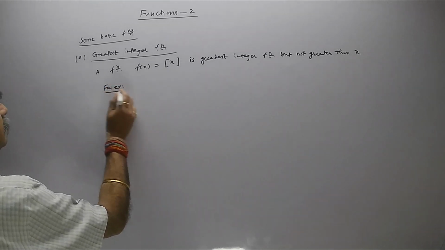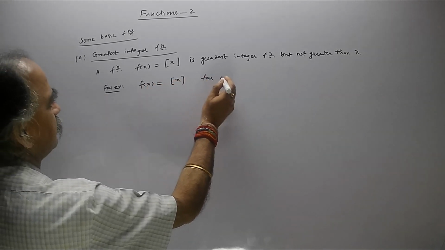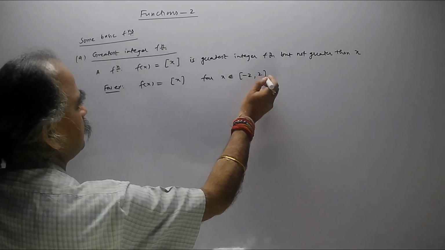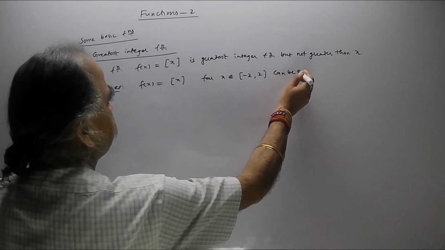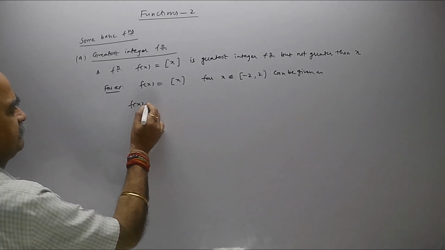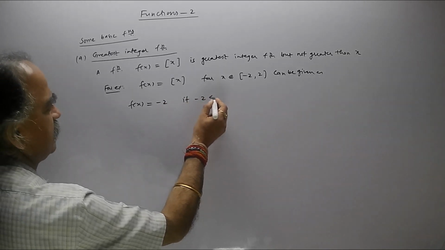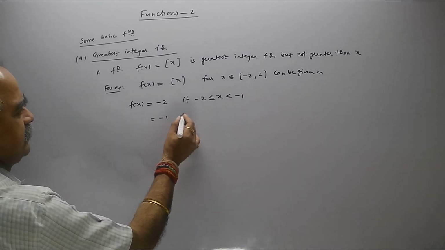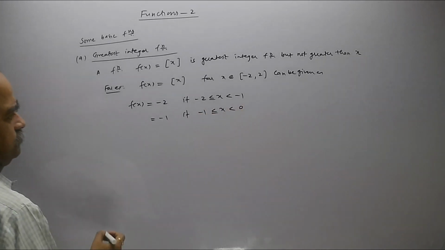For example, f(x) is equal to the rectangular box x for x belonging to the closed interval -2 to 2 can be given as f(x) is what? -2 if -2 less than or equal to x less than -1. It is -1 if -1 less than or equal to x less than 0.